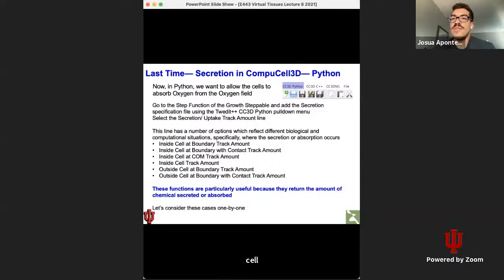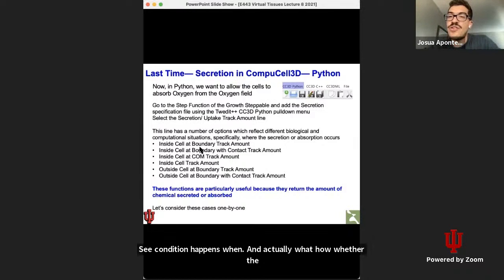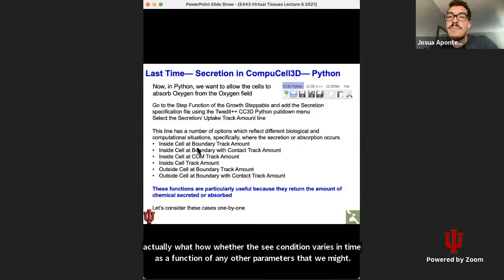We also talked about how we could specify secretion using Python, and in that case, this gives us much more control over how and when secretion happens, and actually whether the secretion varies in time as a function of any other parameter that we might want to make secretion a function of.